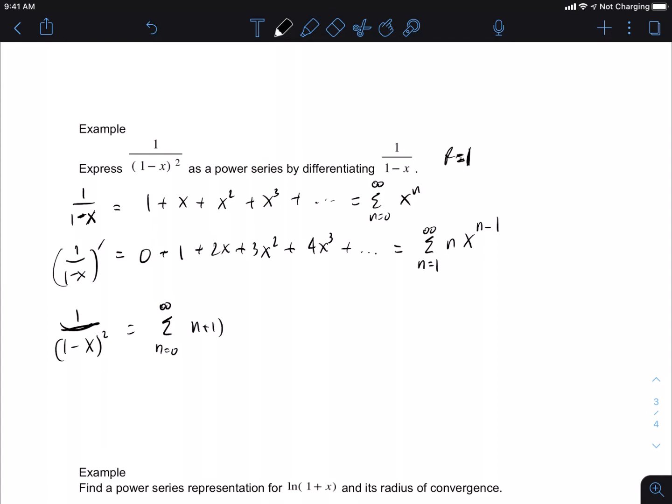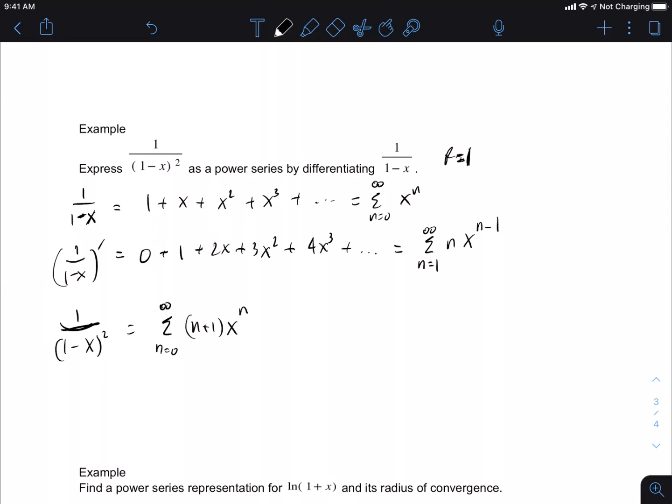So I'm going to get n plus 1, x to the n minus 1 plus 1, which is just going to give me n. And this is the summation form for this function. All right? It's pretty cool.